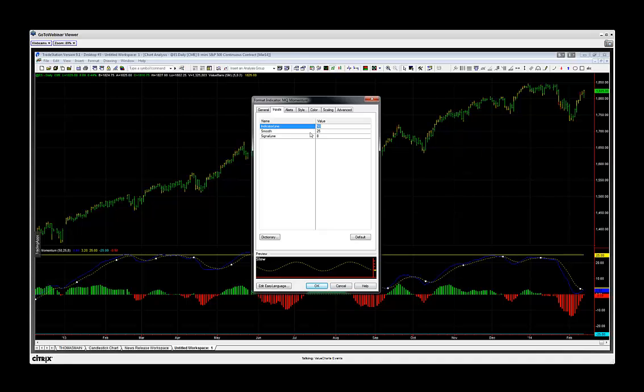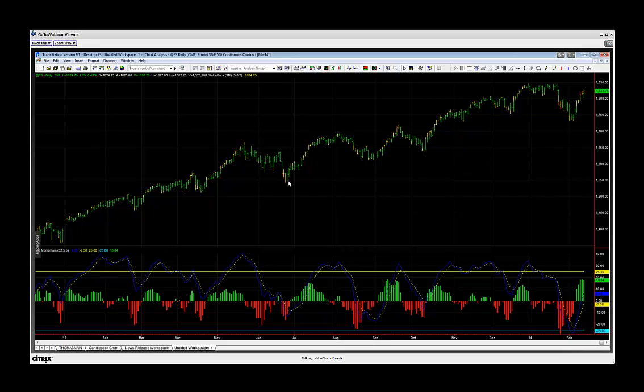I like the 32, 5, and 5 default settings, because that makes it a lot more reactive and a lot easier to identify the divergences. But if you smooth it out a little bit and use longer analysis periods, you're not going to get choppy things like this.